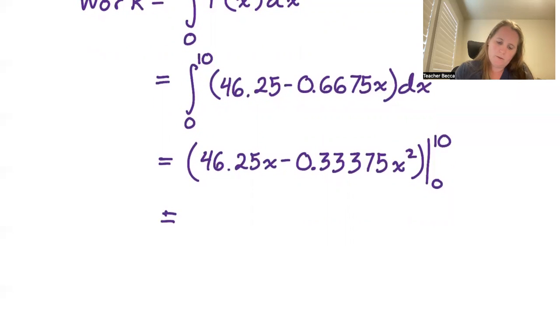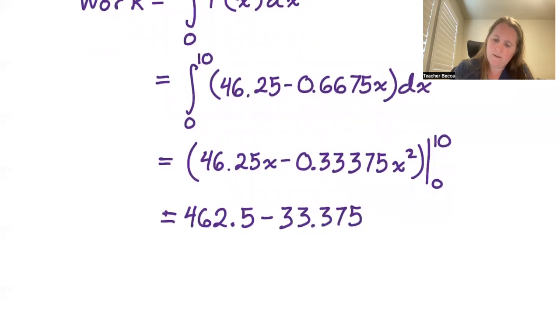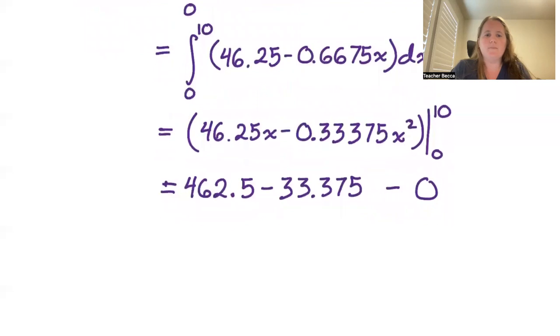Plugging in 10, this would be 46.25 times 10, or 462.5, minus 0.33375 times 10 squared, or 0.33375 times 100, so minus 33.375. And then, of course, plugging in 0, we're just subtracting off 0.